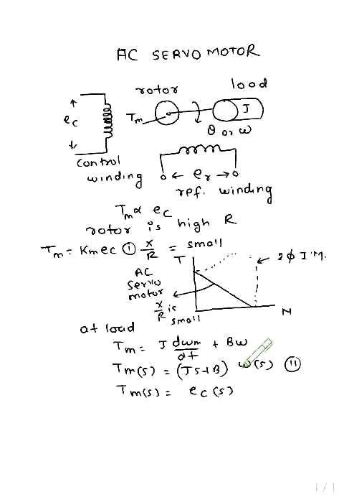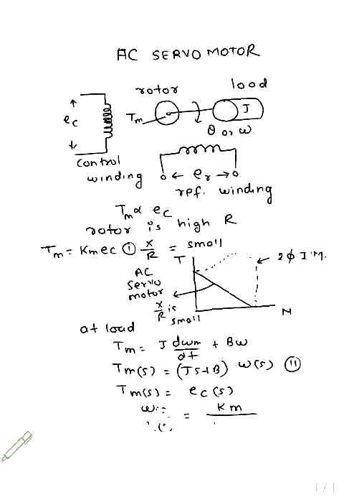So if we divide, we will find omega(s) by EC(s) in Laplace, which is equal to Km upon Js plus B.